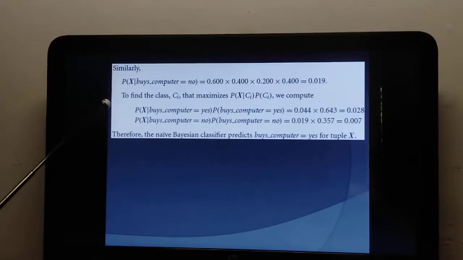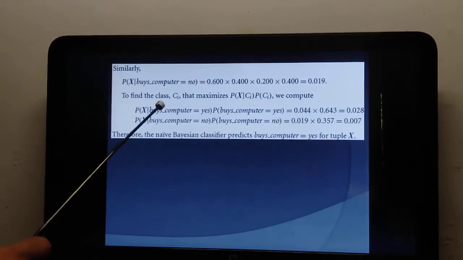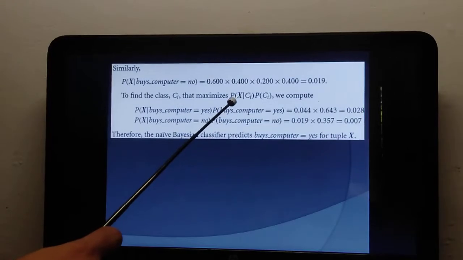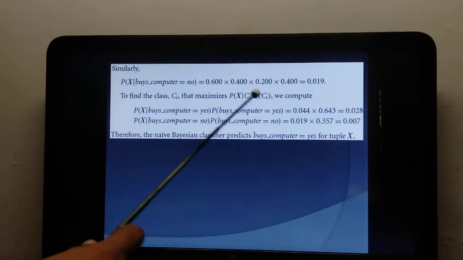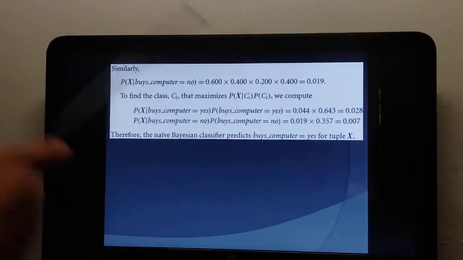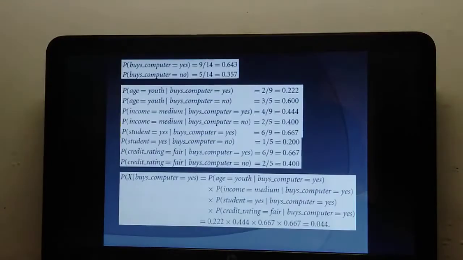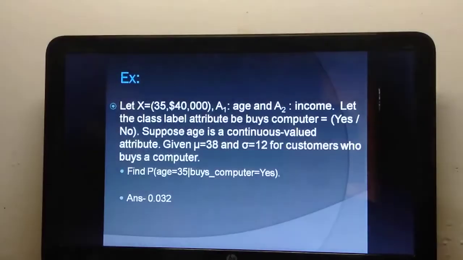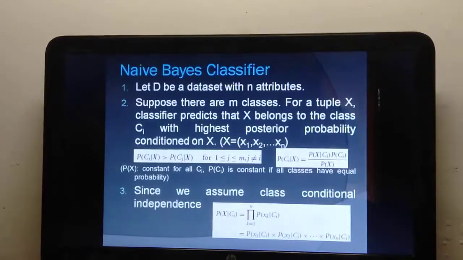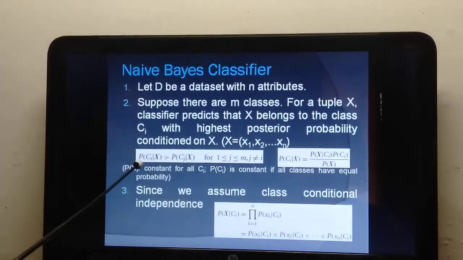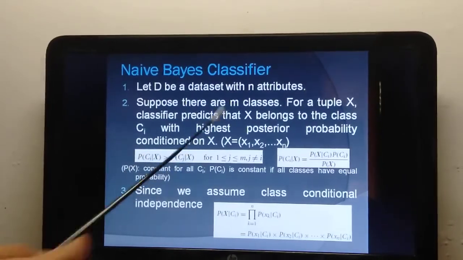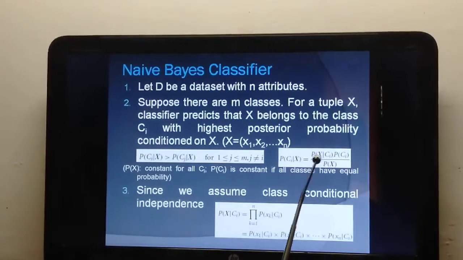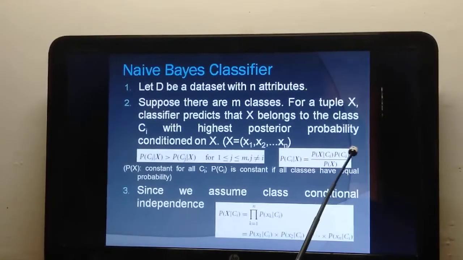Now, we look at to find the class Ci that maximizes probability of X given Ci, probability of Ci, because this is our Bayes equation. If you look at the equation, we are supposed to find out probability of the class given X. So, to find out the probability of the class given X, we have to maximize probability of X given Ci into probability of Ci.